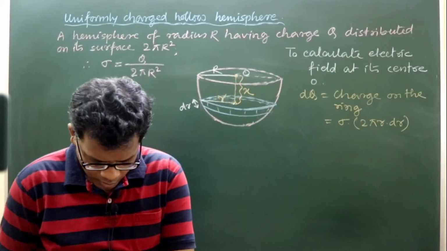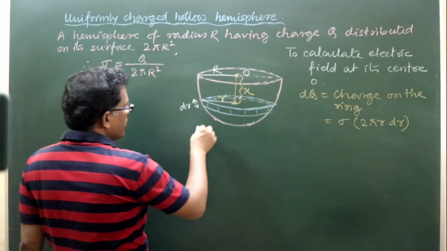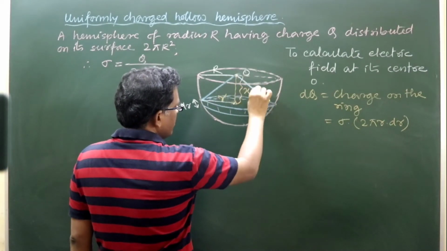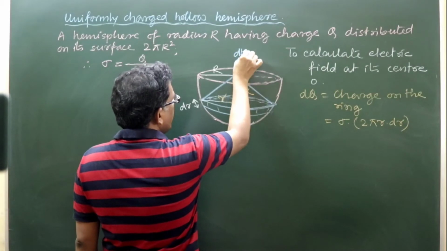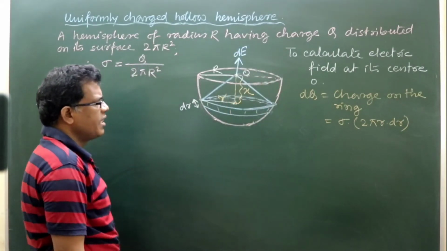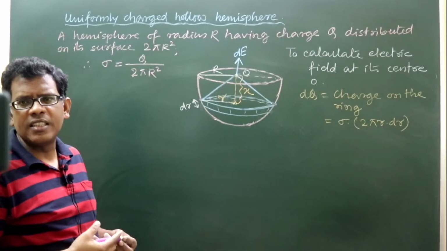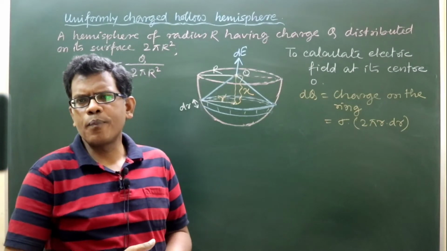So taking that distance x, radius small r, again due to the charge of the ring, the resulting small electric field dE will be along the axis like this, yes or no? Do you understand the geometry? Is it okay?